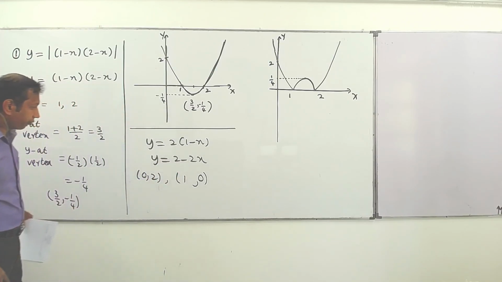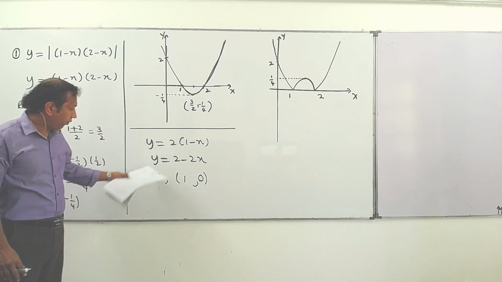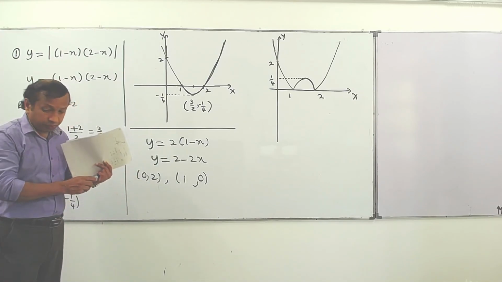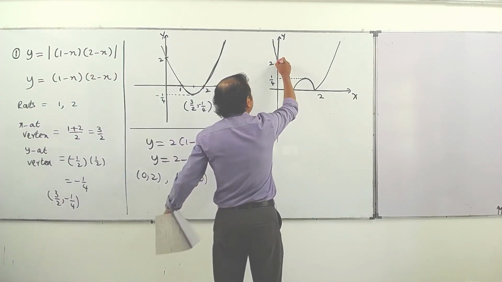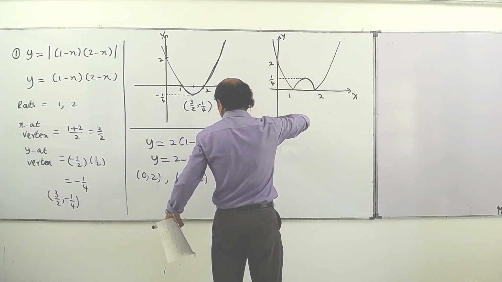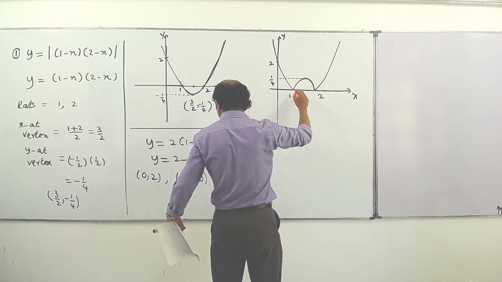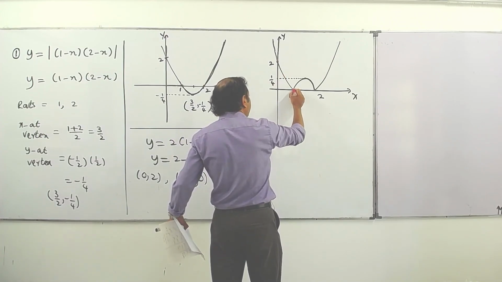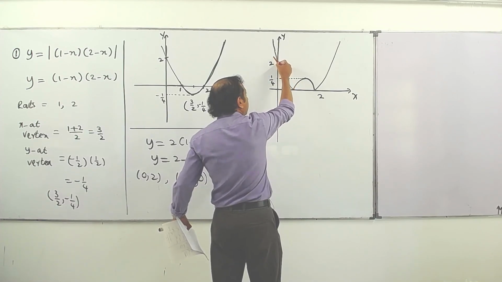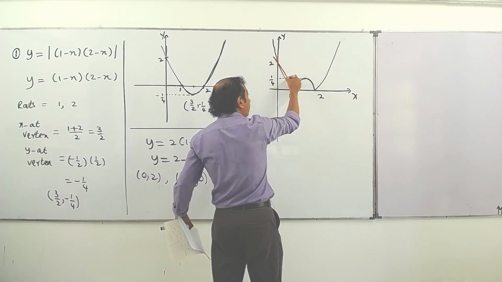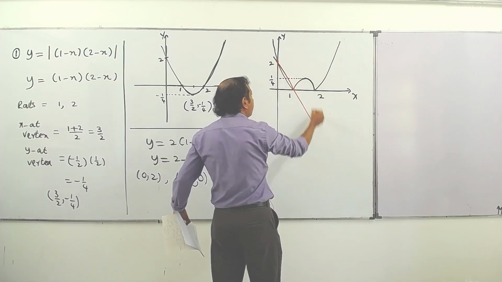Correct, no? Then this graph passes through 0, 2 and 1, 0. This is the point x 0, y 2, and x 1, y 0 is this point. That is the graph.